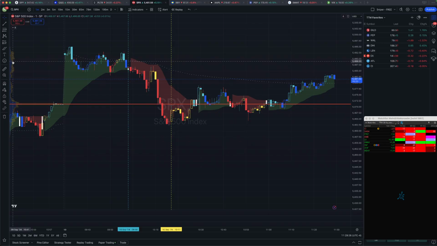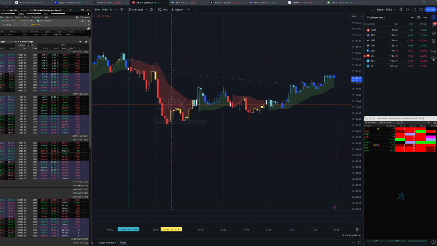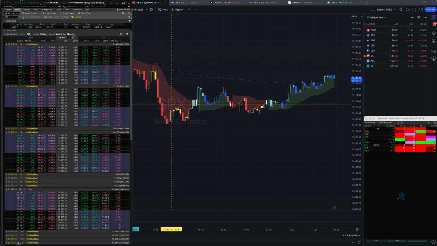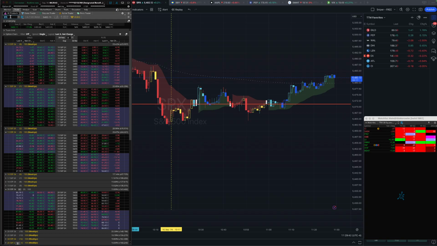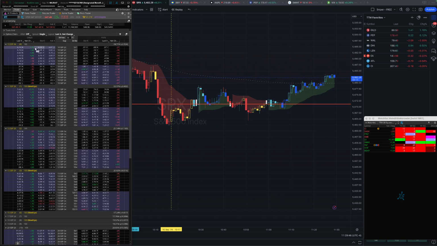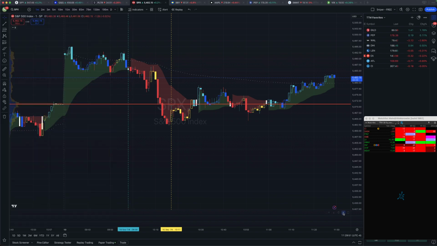Okay, so now let me get into how I set these up to manage my risk. We'll do it with SPY, because right now as I'm teaching, we don't have a clear signal for anything at the moment.